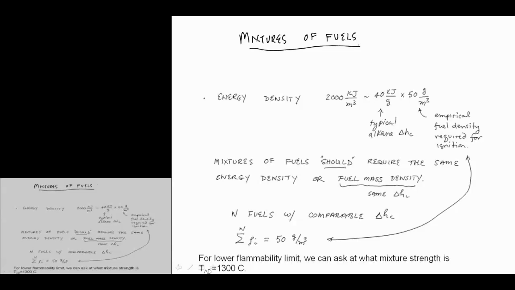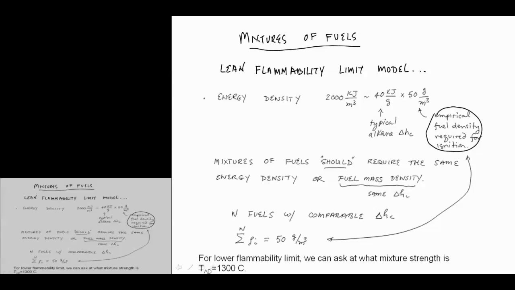And this is really true more on the lean end. So this is really a lean flammability limit model. The rich is a little bit more complicated, but the idea, and it's a really clever idea, is that there's an empirical fuel density that's required for ignition. Let's say 50 gram per meter cubed.